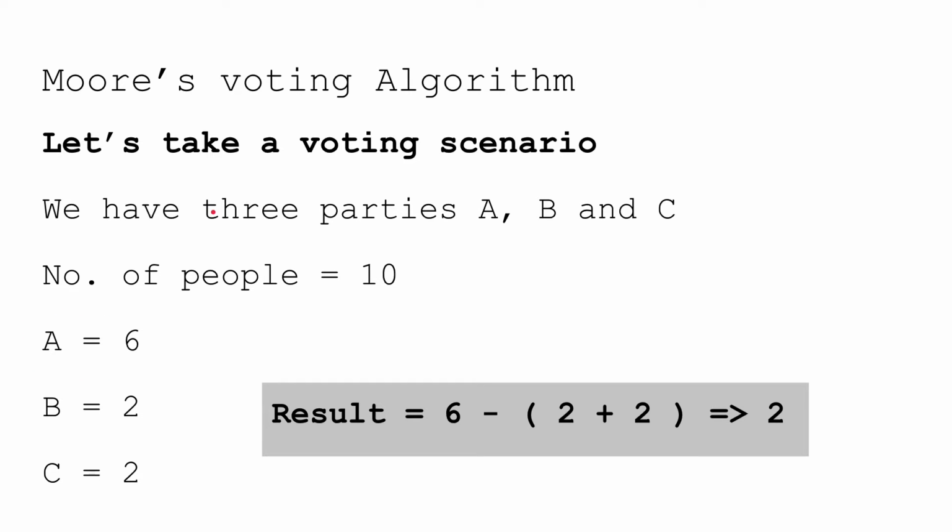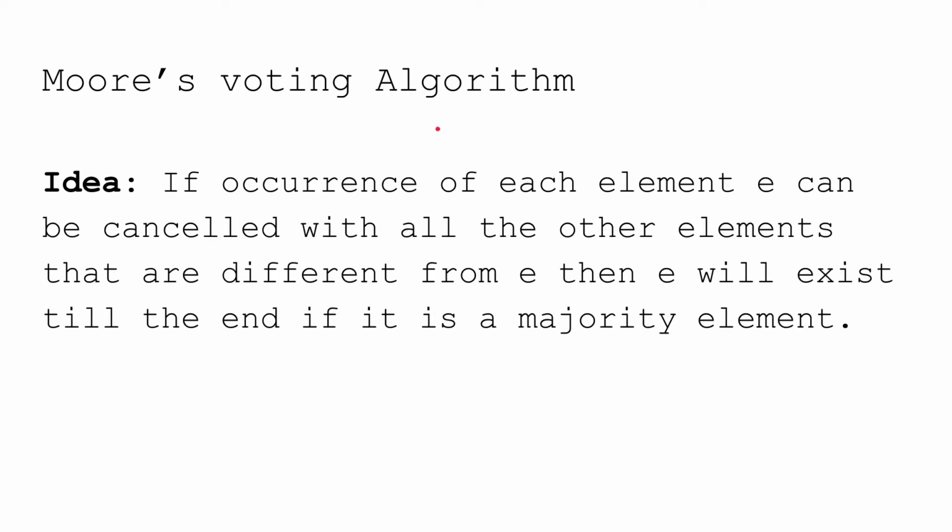In a similar way, the idea behind Moore's voting algorithm is that if the occurrence of each element E can be cancelled with all other elements that are different from E, then E will exist till the end if it is a majority element. So let's try to understand this statement with the election scenario.